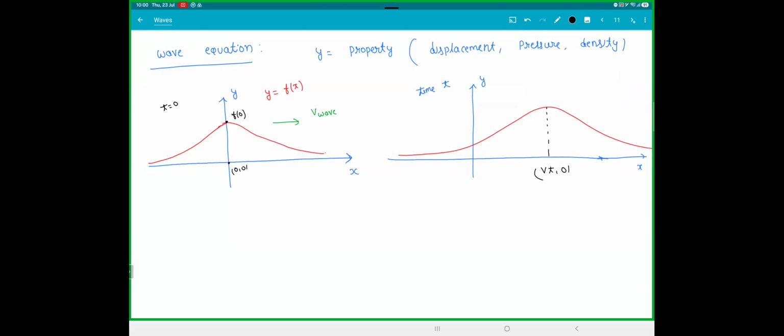So you're shifting your origin from 0 comma 0 to vt comma 0. You're getting it? So this bump is traveling forward with speed v in time t. What will happen? The middle part of the bump will travel a distance of vt, isn't it? So the peak value will go forward.